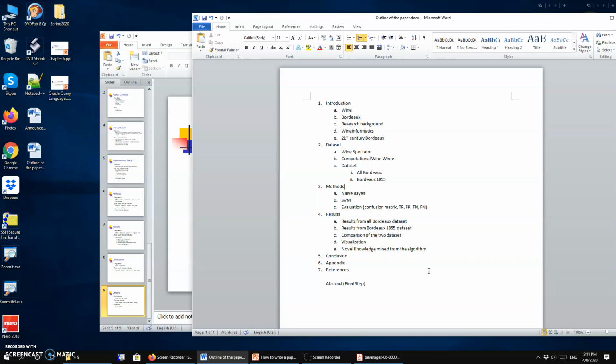So I want every single one of you to create a structure of a paper like this, a document with the structure of the whole paper, separated by sections. And then in each section, what are the things that you want to write? Similar to this one. And I want you to submit this by the next class.